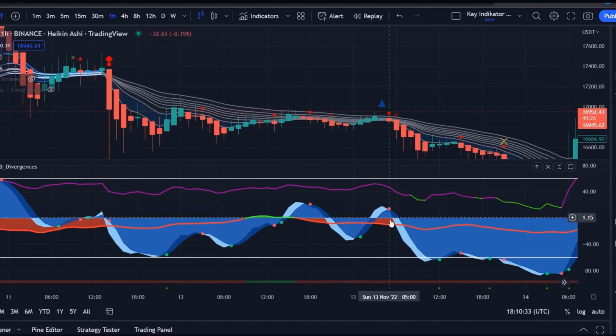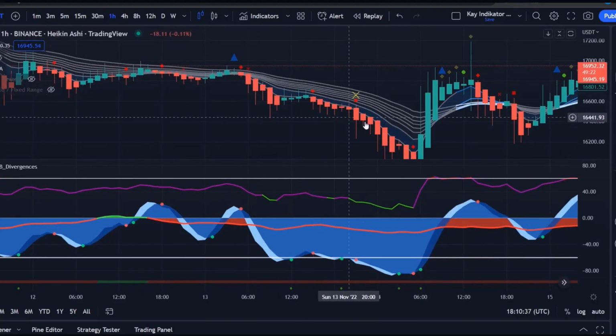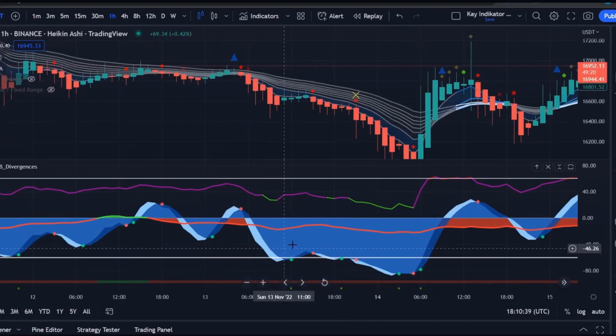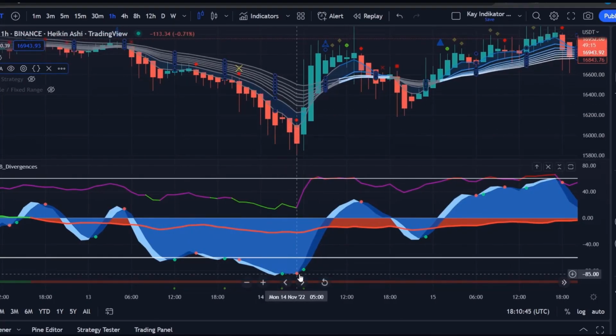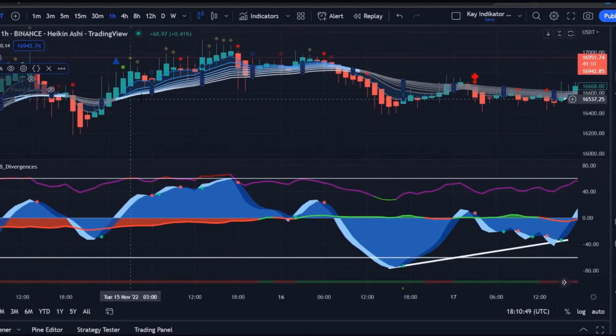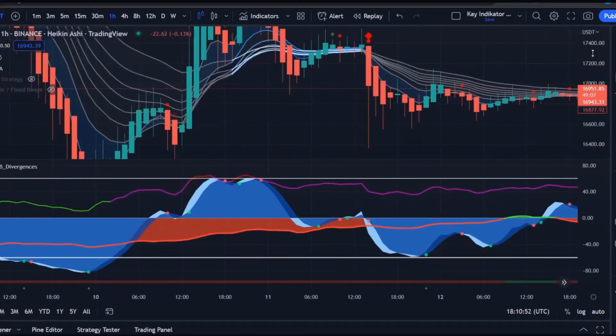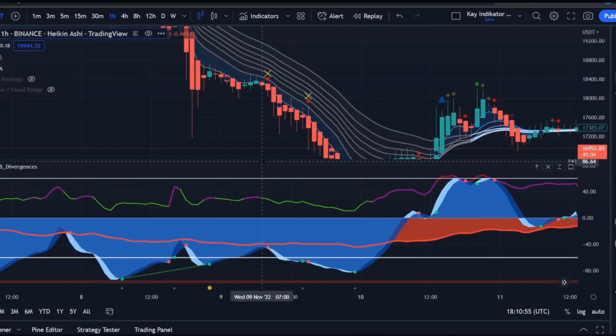That means we're consolidating here, and that's not really cool, right? That's actually not what we want. If the lines start to spread again and the oscillator moves further down, we know, hey, now we have the opportunity to enter a trade again. In this case, it would have been down here, and you could have, for example, taken a small bullish trade, right? But this way, you can also sort of filter out the consolidations a bit.